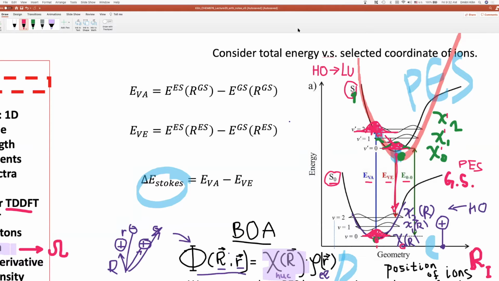Transition energy of absorption and transition energy of emission, are they equal or different? Obviously, that will be different. Okay, which means the blue arrow and red arrow have different lengths. Yes. Okay.